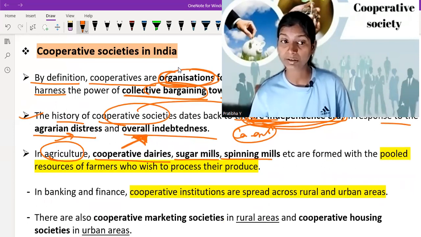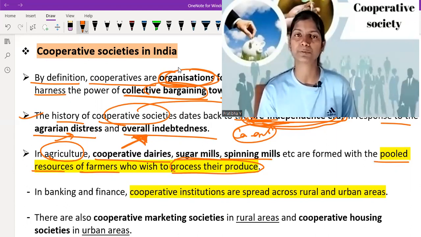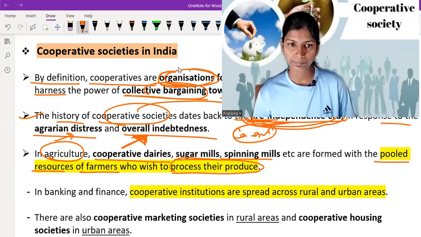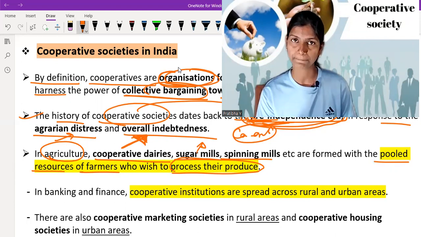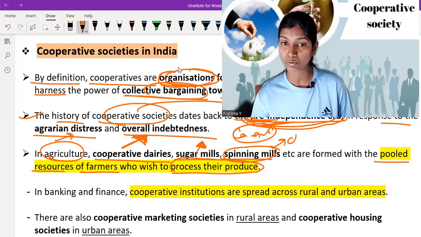are formed with the pooled resources of farmers who wish to process their produce. Say if they produce milk, they want to process it to make butter, chocolate, or paneer. Sugar mills want to convert their sugar cane to sugar. Spinning mills try to convert their cotton to cloth.